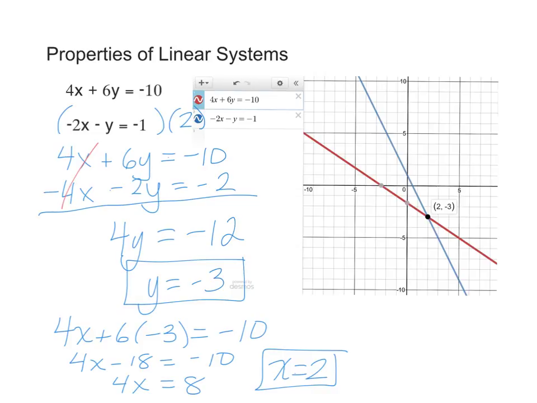Negative 2x minus y equals negative 1. And they intersect at that point, 2, negative 3. That's the kind of answer you will most often get when you're solving a system of equations: one x value, one y value, where the lines intersect.